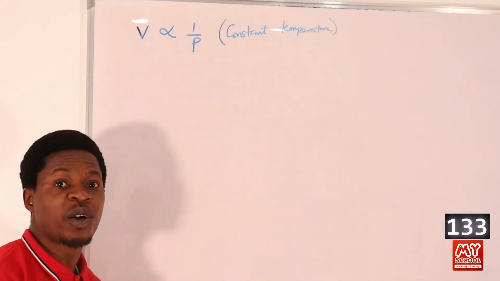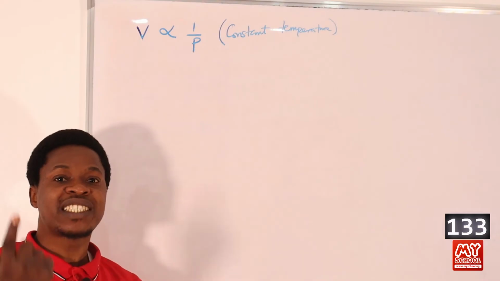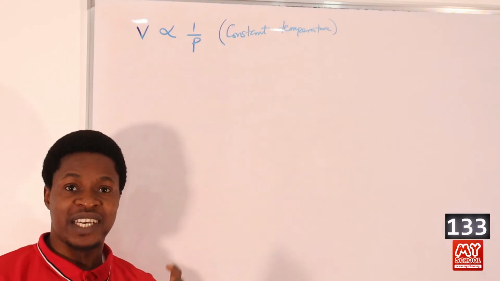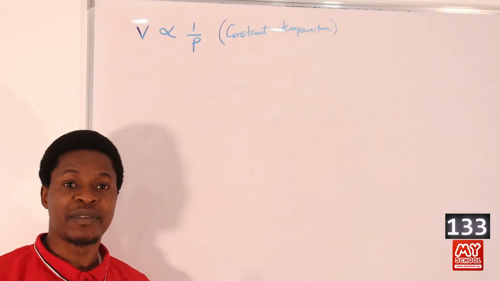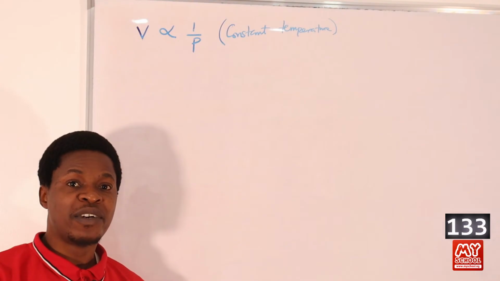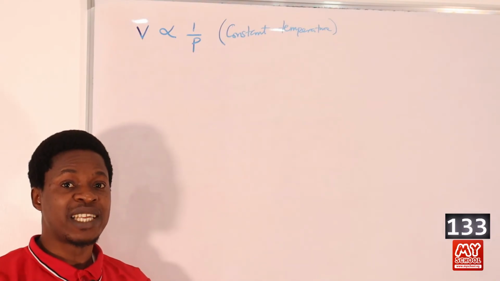So Boyle's law states that the volume of a given mass of gas is inversely proportional to the pressure, provided that temperature remains constant. Temperature, that's the condition.